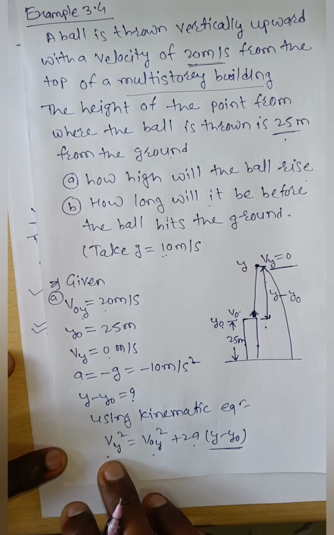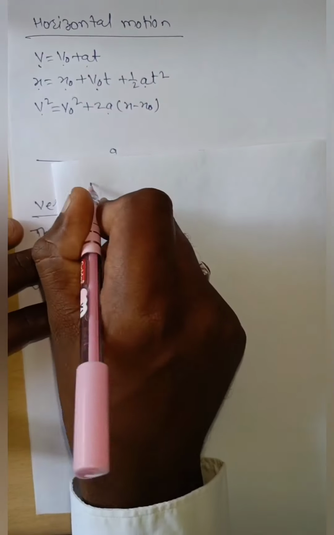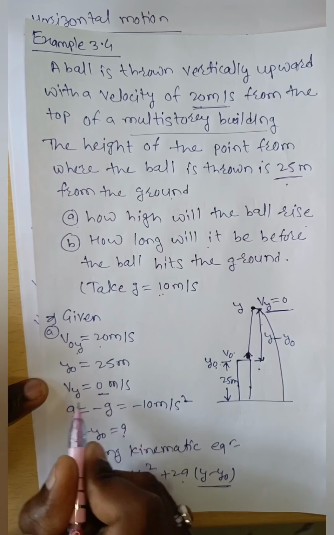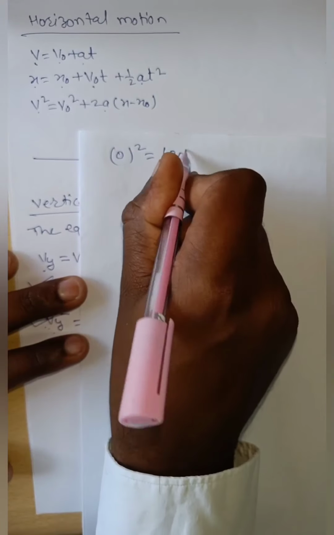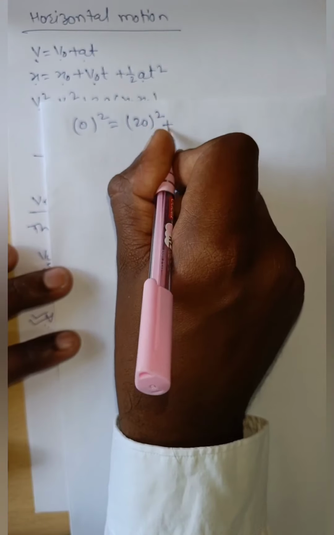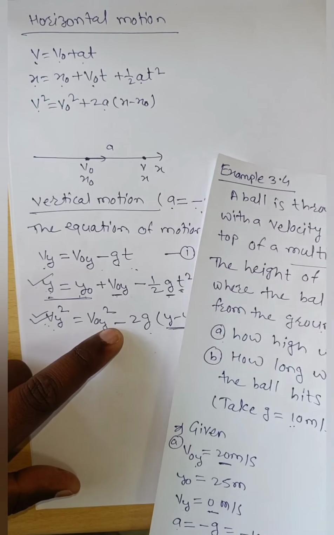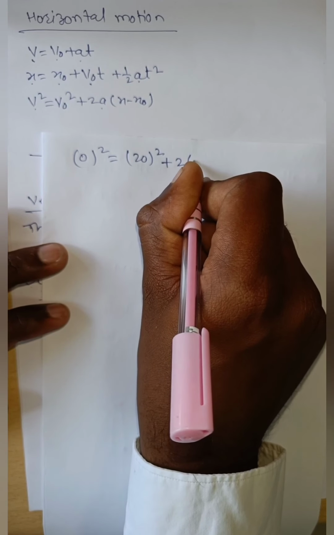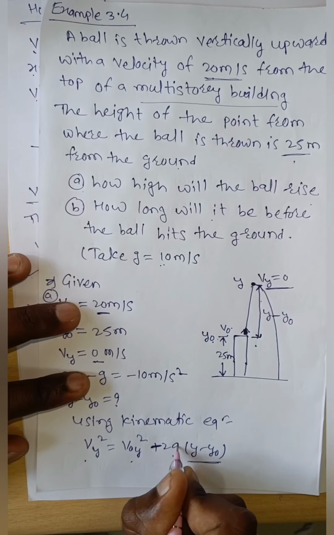Here vy is 0, therefore 0 squared is equal to v naught y squared. What is v naught y? 20, therefore 20 squared, plus 2 into a, that is minus g, so directly we write minus 2g.